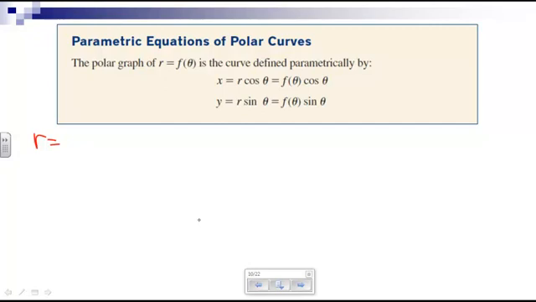How about that one that we just did? r equals 4 sine theta. That's a circle. It's sitting on top of the x-axis. What if I want to ask a question like, what is the slope at some point on that circle?